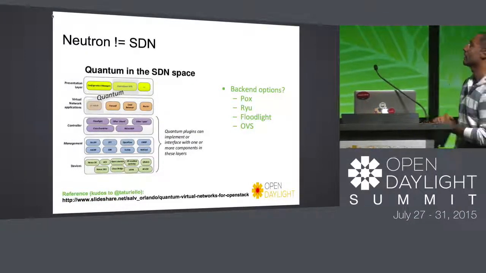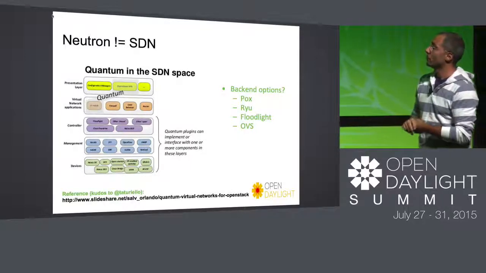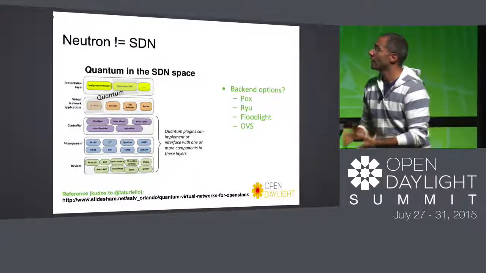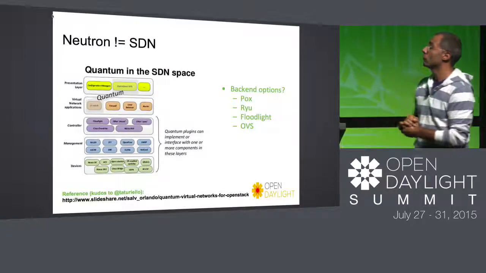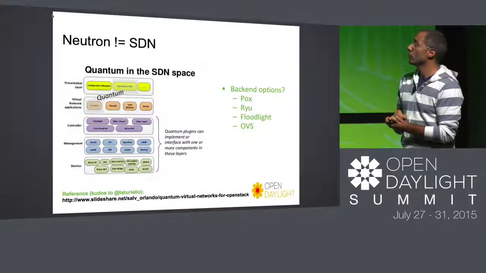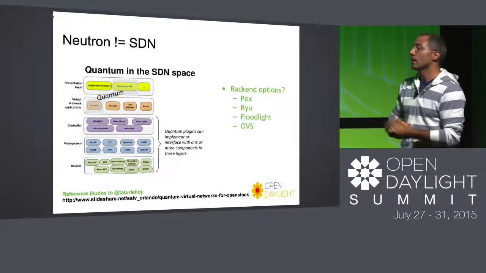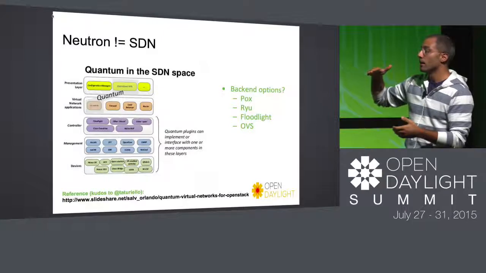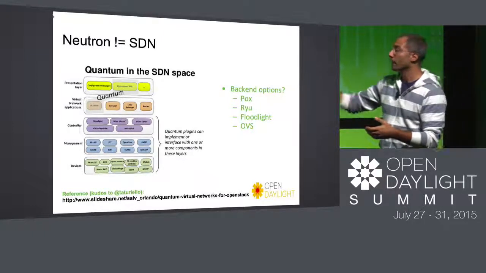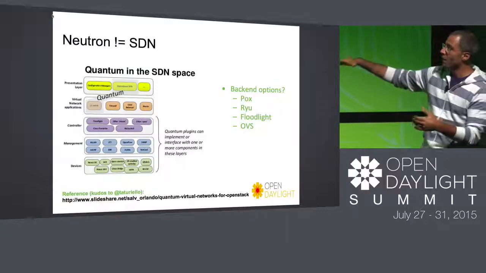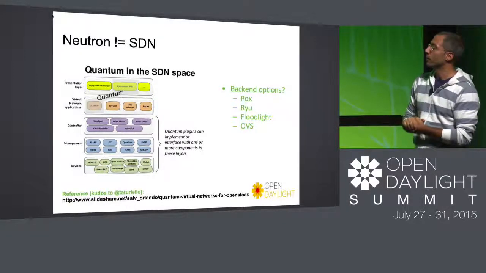You can look at the slide deck that Salvatore put together, and Neutron does interact with an SDN controller or any backend of your choice through what are called plugins, and they implement an interface that you can interact with in order to leverage the capabilities that come from the lower layer underneath.